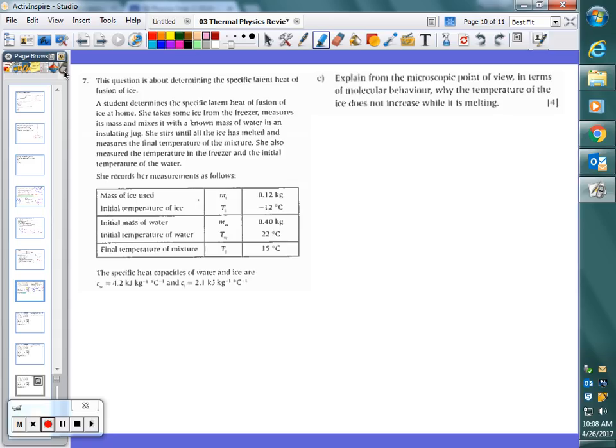But here the temperature isn't changing. So the energy we're putting into these molecules has to be going into what? Potential energy. Those intermolecular forces have to be broken apart to take it from the solid phase to the liquid phase. Does that make sense when I word it that way?